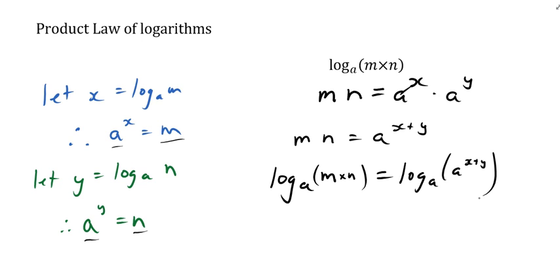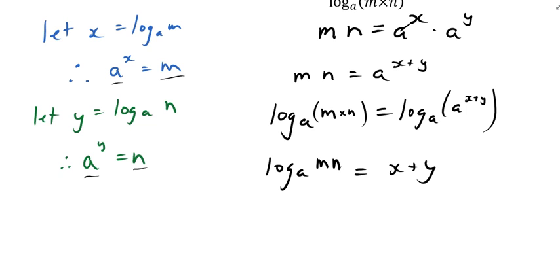So what is that? What is the right side of this equation? Alex? Say that again? Not exactly. Sure. X plus y. So log base a of mn equals x plus y.